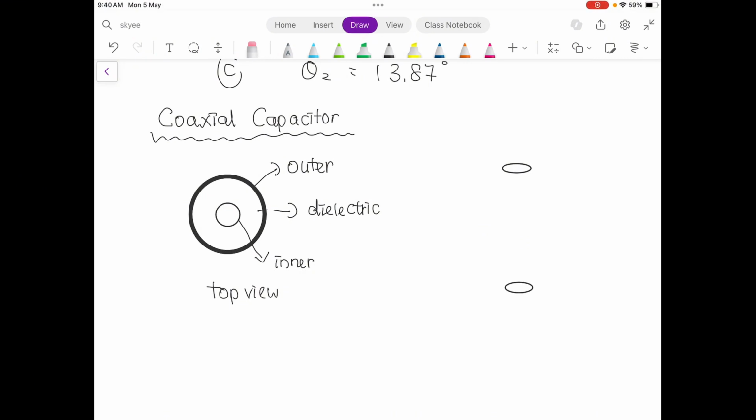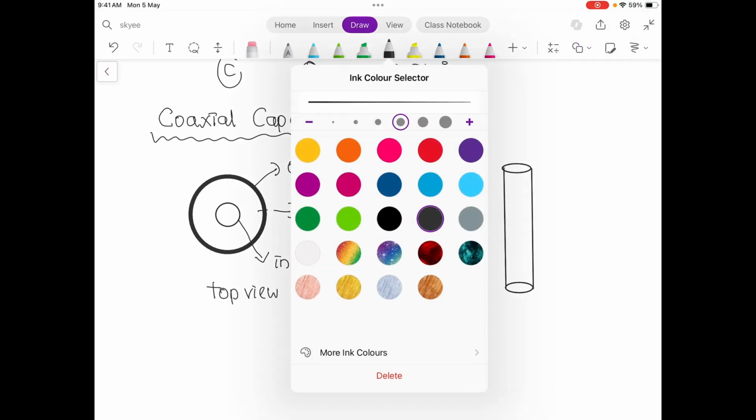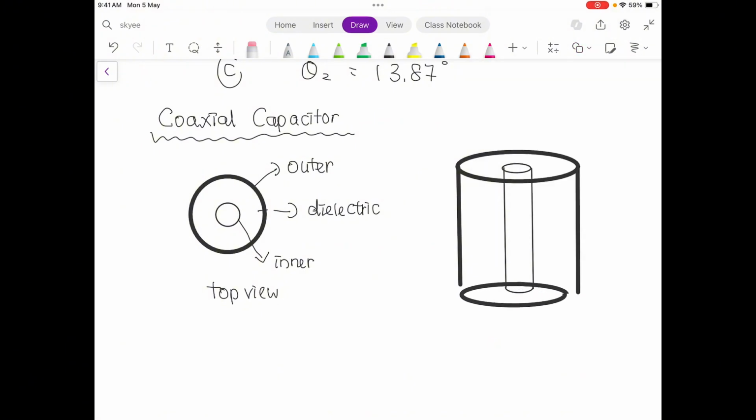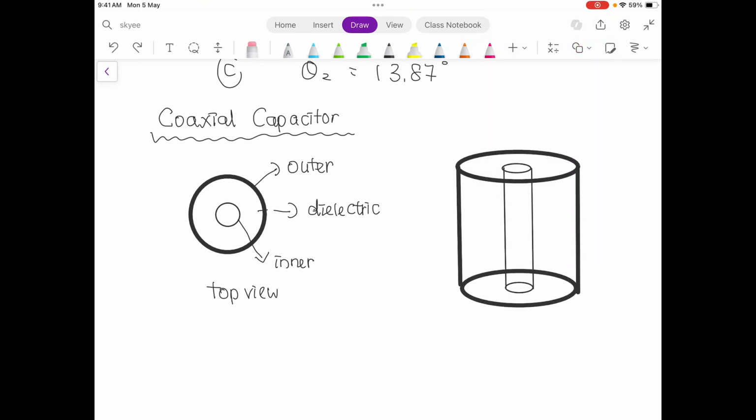No, this is still inner, then you have a line, so this is inner conductor, and you have outer conductor.